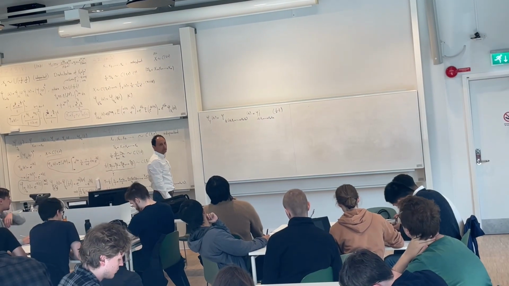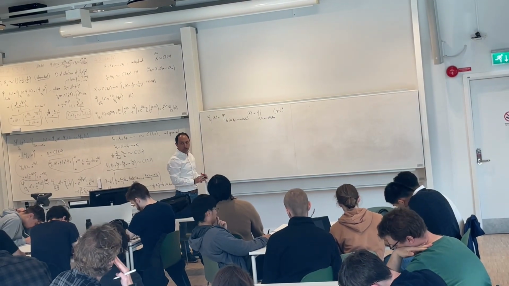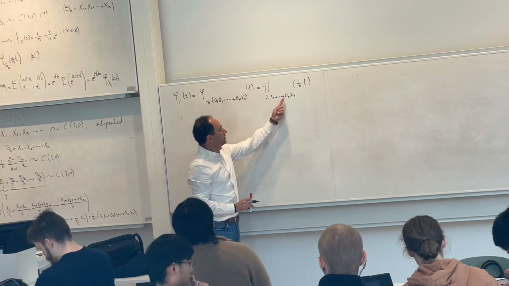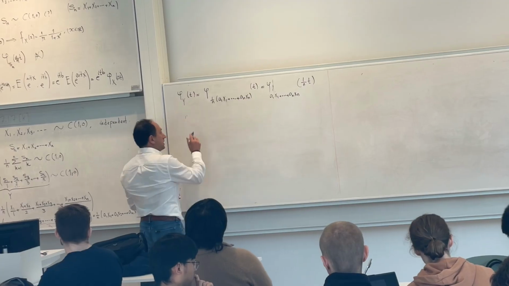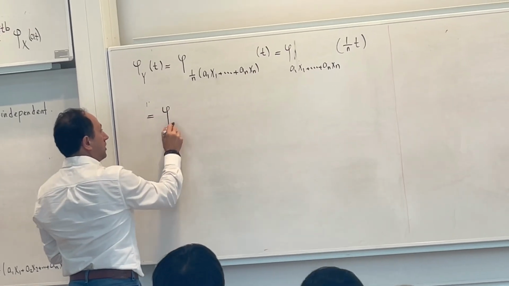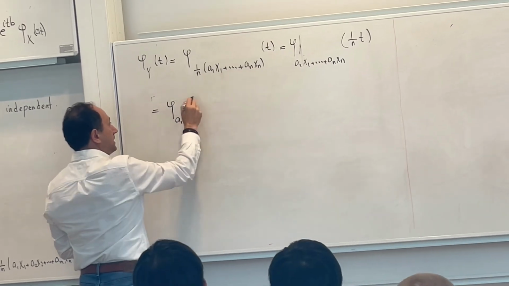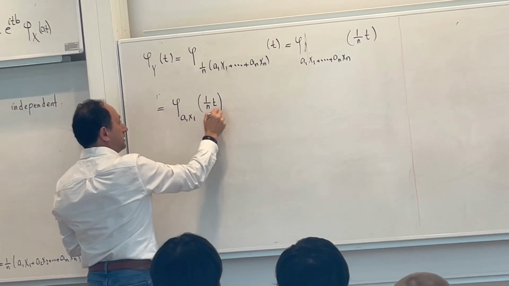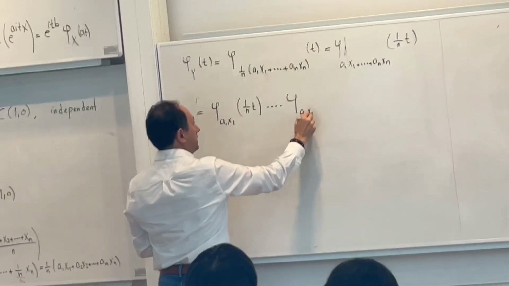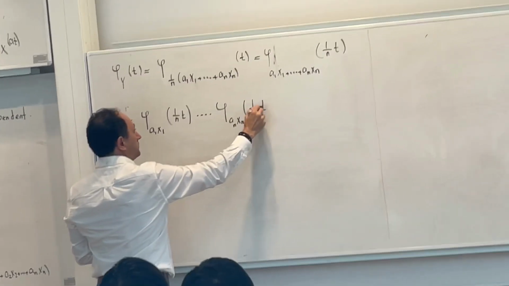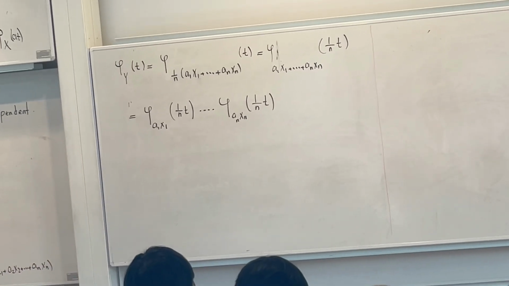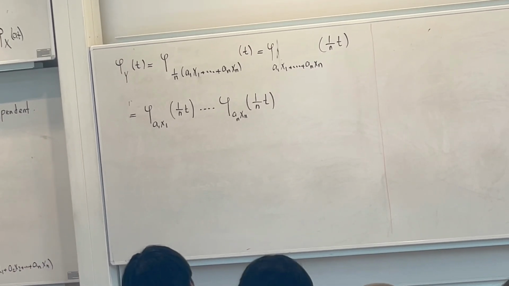But then I can do what? Can I now separate them and multiply them? Because x1 up to xn are independent, and by multiplying by a constant, independence doesn't change. So what happens here? It becomes phi of A1 x1 calculated at t over n, multiplied up to phi of An xn calculated at t over n. Do you agree?